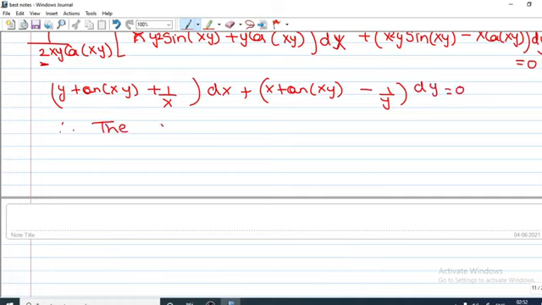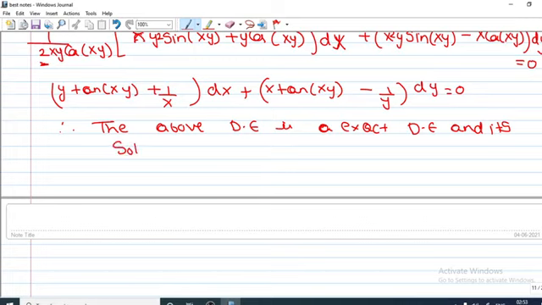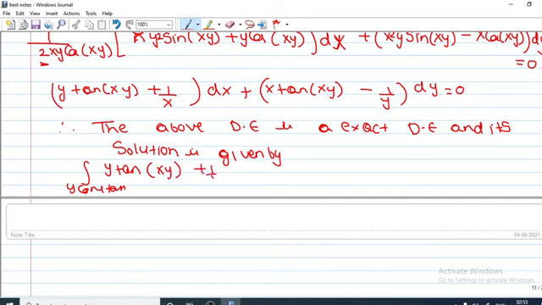Therefore the above differential equation is an exact differential equation, and its solution is given by, how we will give integration: y constant, y tan xy plus 1 by x into dx, term free from x, which is minus 1 by y, dy equal to constant.